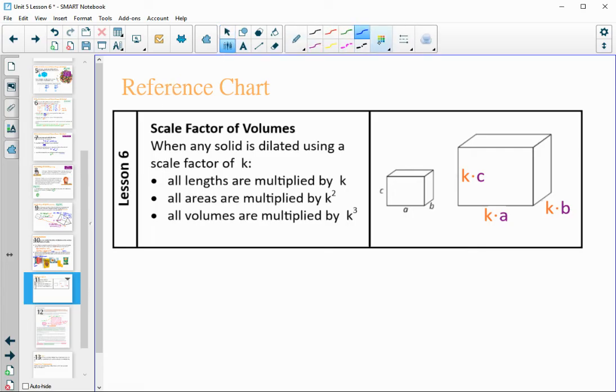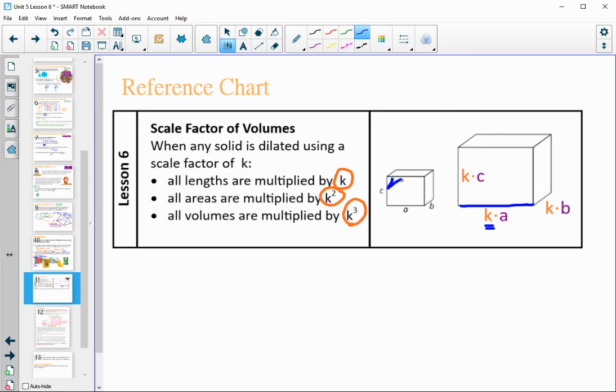So this is the big things that we learned. When we've got scale factor of volume, volume is by k cubed. You can also write in that the lengths are by k and the area is by k squared. And we can see that in here. If you just multiply a length, there's just this 1 k value difference, k times that length.